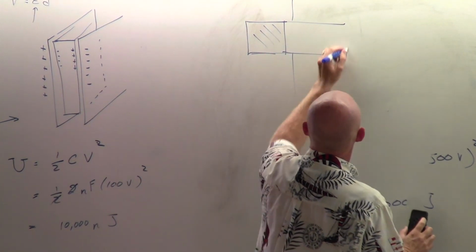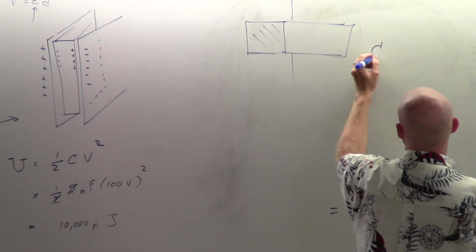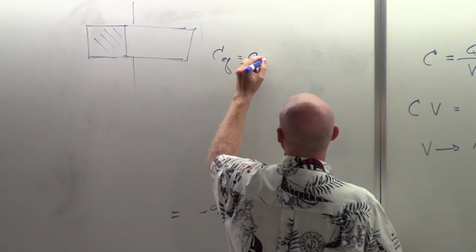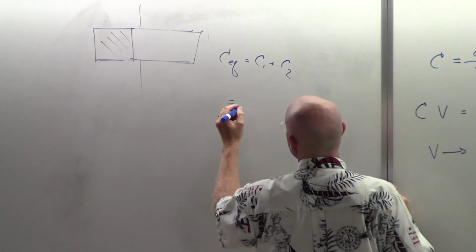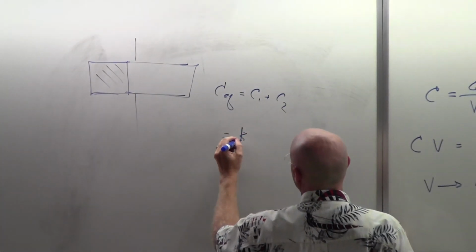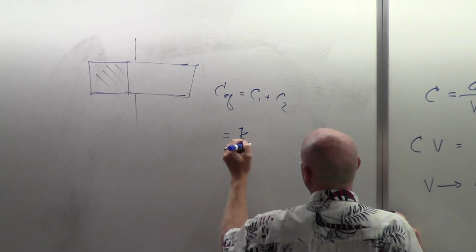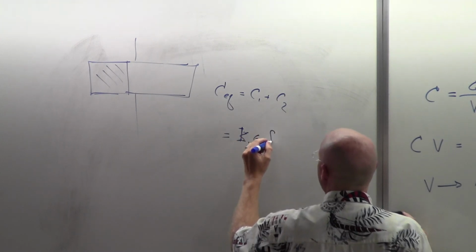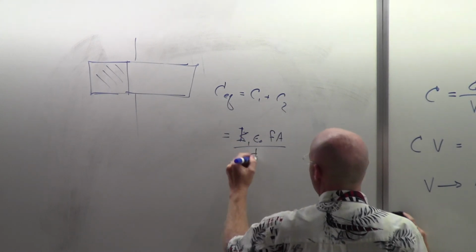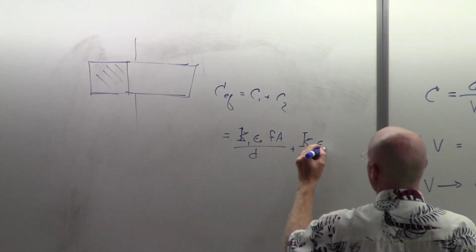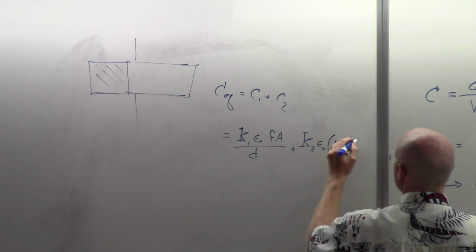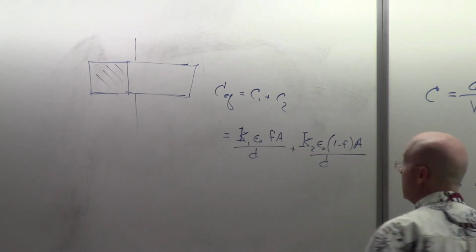Parallel? Yeah, then they're just parallel, and it's an easier problem actually. It's C1 plus C2, and in this case it is kappa 1 epsilon fraction of the area divided by D, and the other one would be kappa 2 times 1 minus fraction of the area over D, right?